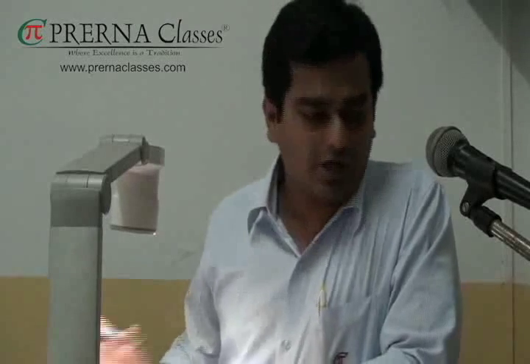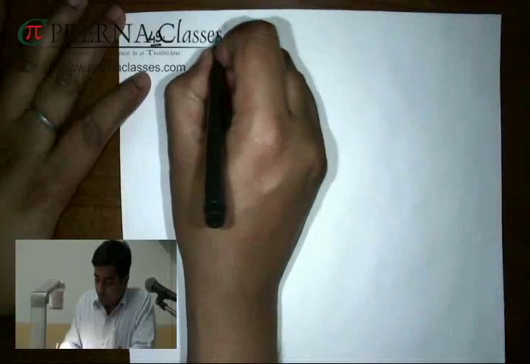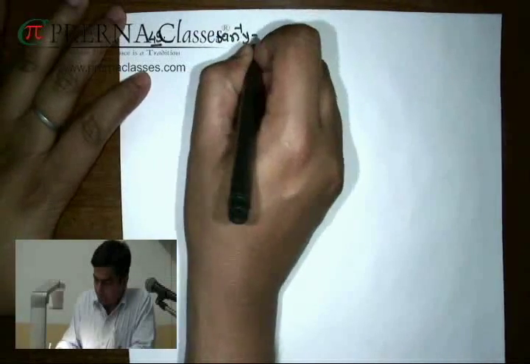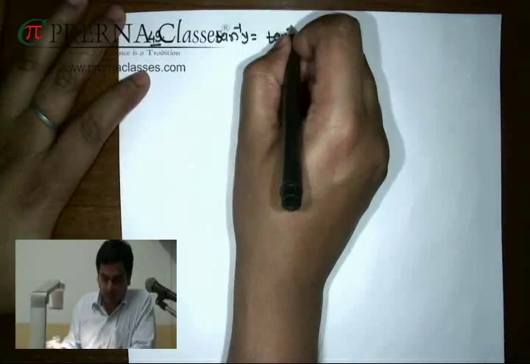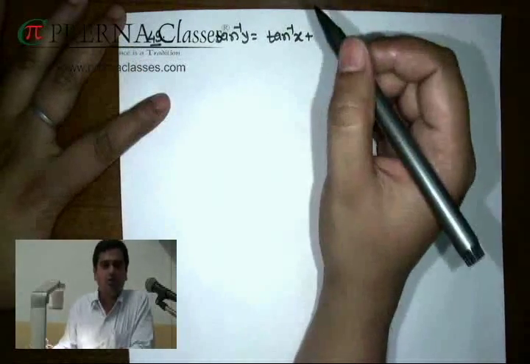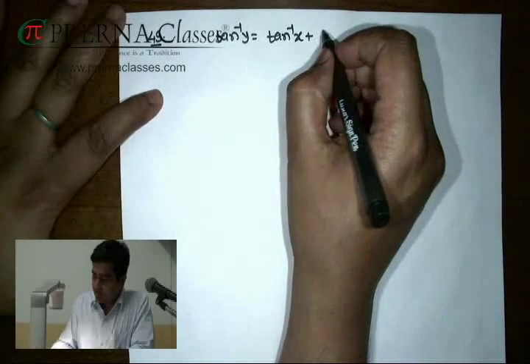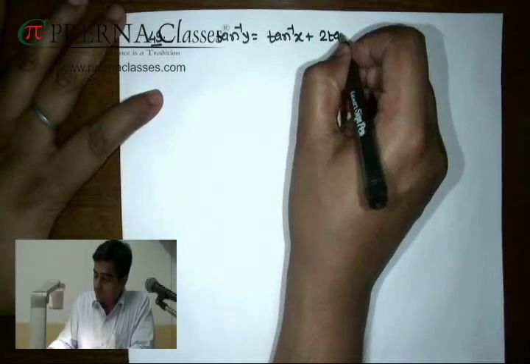Okay, next problem was related with inverse trigo. You have tan inverse of y equivalent to tan inverse of x plus some expression. Since x is a fraction, ranging from -1 by root 3 to +1 by root 3, clearly you can check that the second expression I can write as 2 tan inverse of x also.